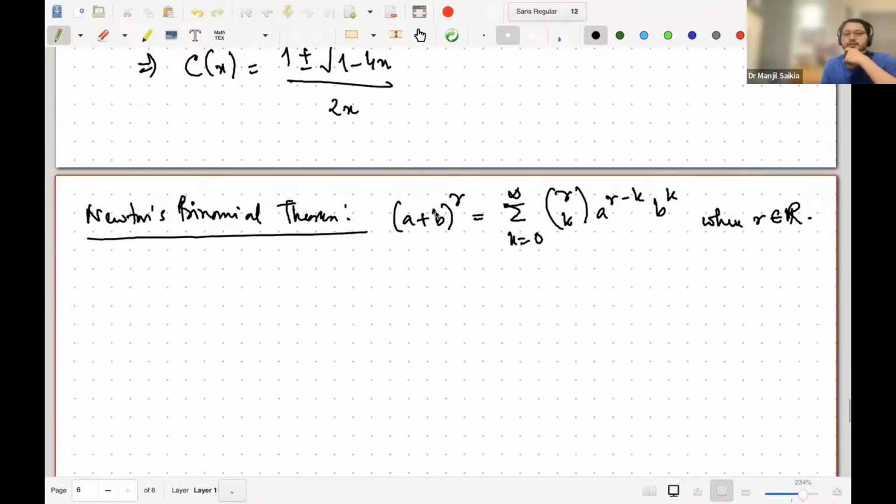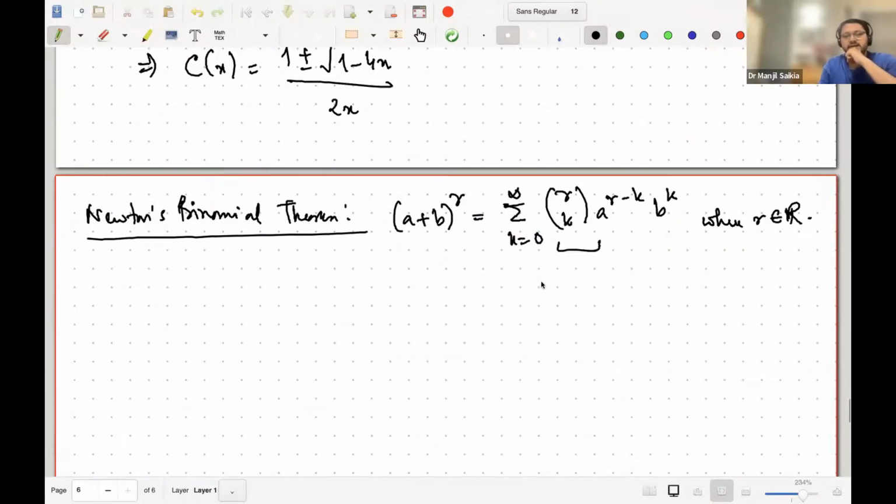The proof is beyond the scope of this discussion because it requires some advanced concepts. It is no longer possible to do using induction.